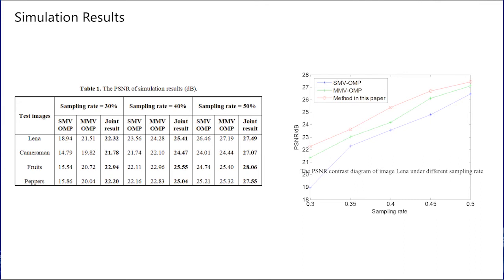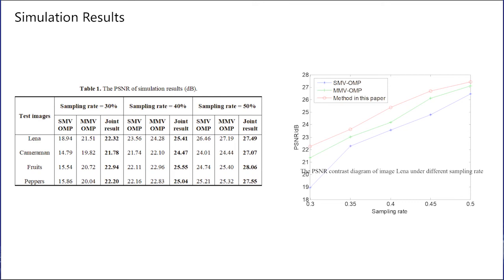Since the range of sampling rate is large, the experiment can also verify the robustness of the method. The figure shows the PSNR comparison chart of the images under different sampling rates.